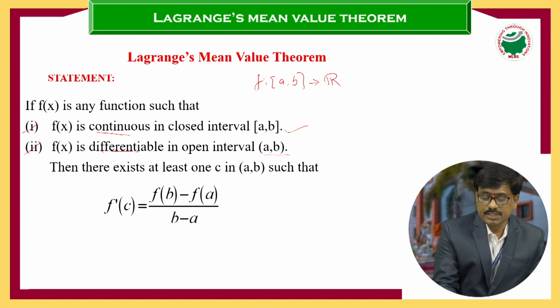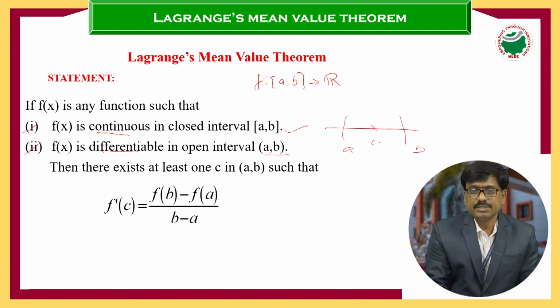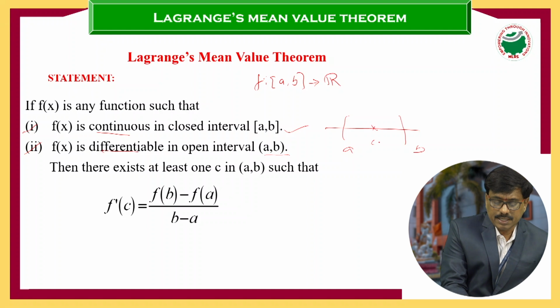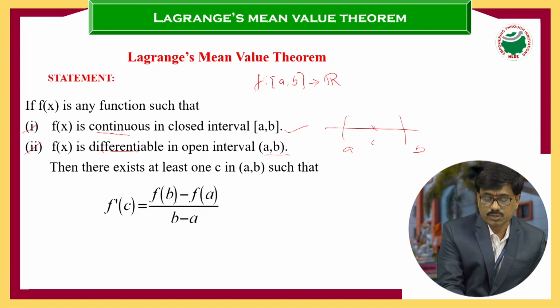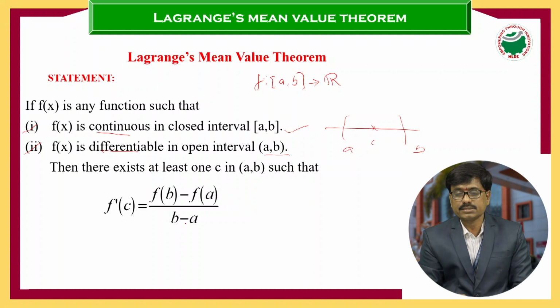Then there exists a point c between a and b such that f dash of c is equal to f of b minus f of a divided by b minus a.